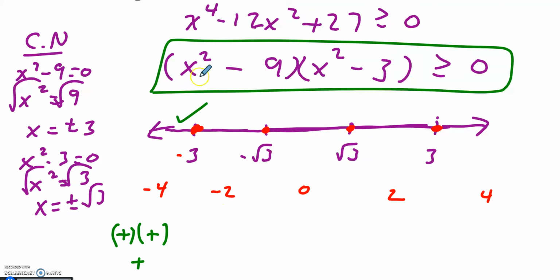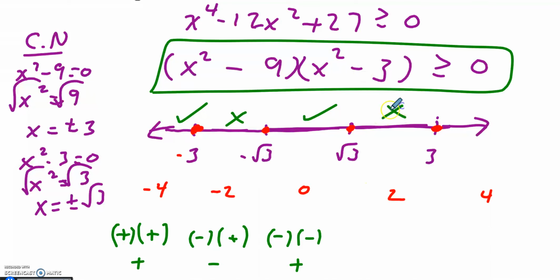If I plug -2 in, that would be 4 minus 9, so I get a negative, and this would be a positive. Negative times positive is a negative. A negative cannot be bigger than 0, so that's out. This interval, if I plug 0 into both cases, I get negative times negative, which is a positive, which is bigger than 0. And if I kept going on the next interval, if I plug 2 into both, I got that this does not work.